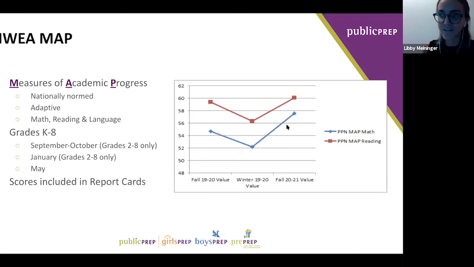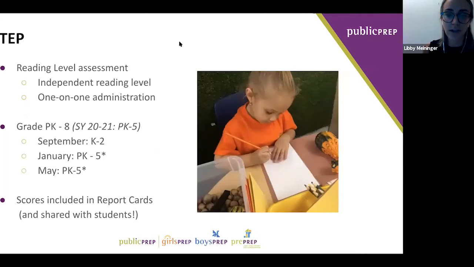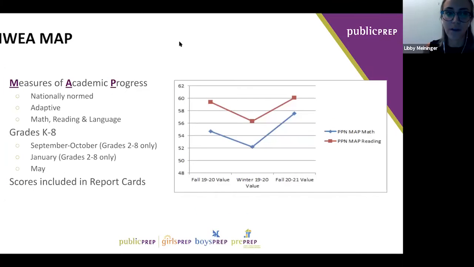So after the MAP test is completed, a report is created and shared with families. And this report shows you not only your student's scores and progress, but also comparison, as I mentioned before, to other students in the same grade across the country.